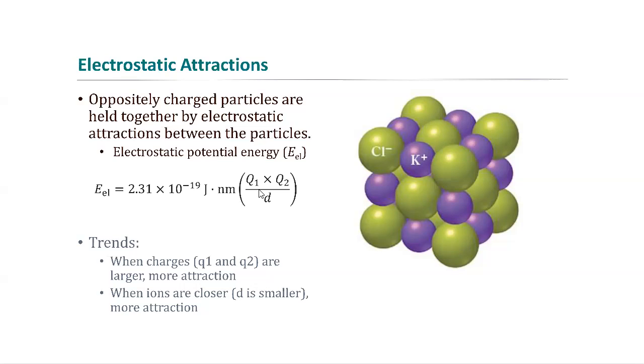So a positive 2 ion is going to have greater attraction than a positive 1. A negative 3 is going to have a greater attraction than a negative 2 because the charges themselves are bigger. And bigger charges are going to be more attractive. So that's the first factor. That's what the Q1 and the Q2 are all about.